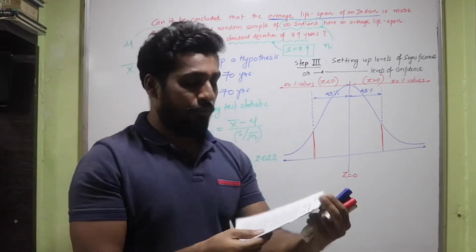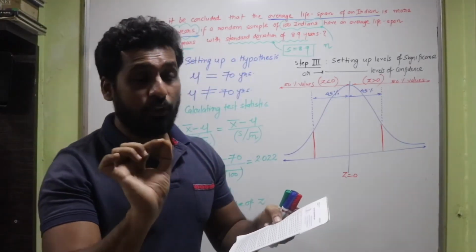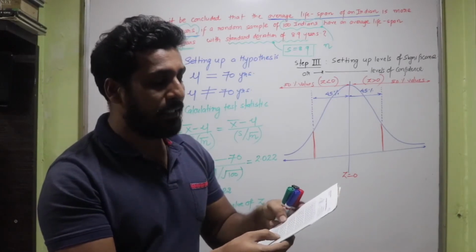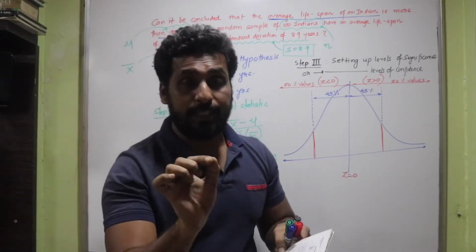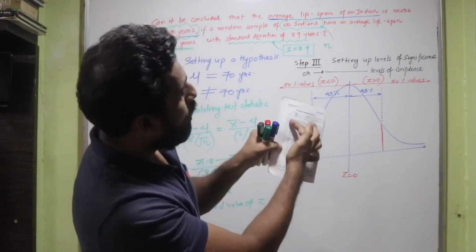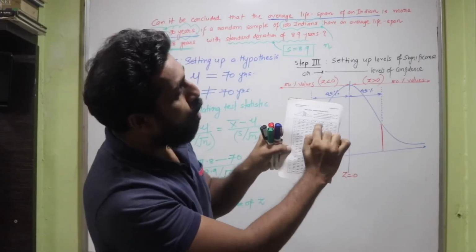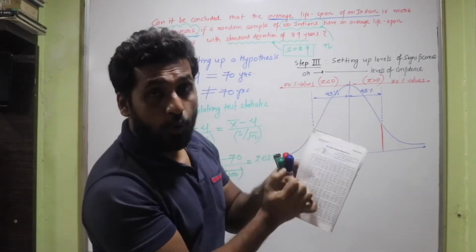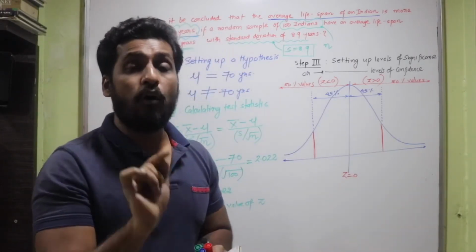The exact value of 0.45 is not available; it is somewhere between 1.6 in the Z column and the row values 0.06 and 0.07. These 2 values combined, when averaged, will give us the value of 0.45.